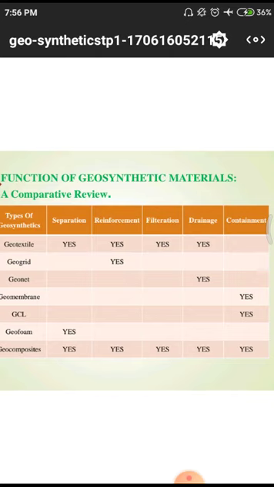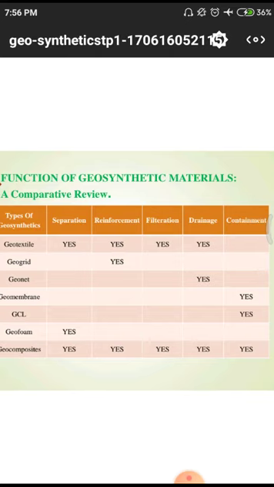Why? Because in geocomposites we are normally utilizing two materials, either geotextile or geogrid or any other two materials, so that simply geotextile with the help of geomembrane or geotextile with the help of geosynthetic layers satisfies all these five properties.